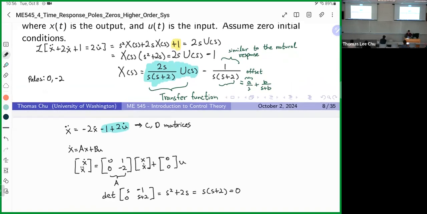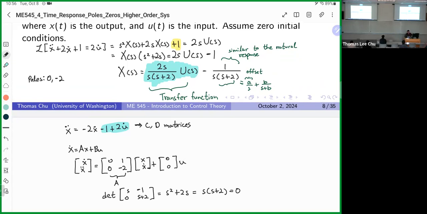There is no input term coming, but there is 2 times u dot. In state space, you have kept both of them as 0. Yeah, because this is for the input and not the derivative of the input.